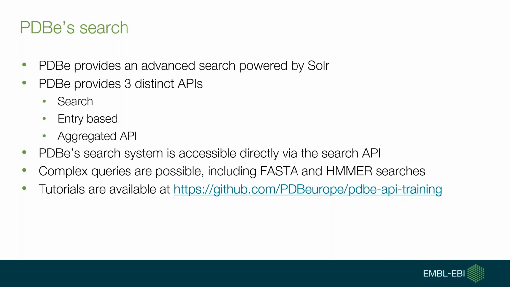Exactly everything you see on the web pages can be accessed programmatically. This includes quite complex queries and some advanced queries that we have. And this includes the FastA and Hammer searches that I showed. The tutorials that we have are available through the GitHub page of how to use this with some Python walkthroughs.